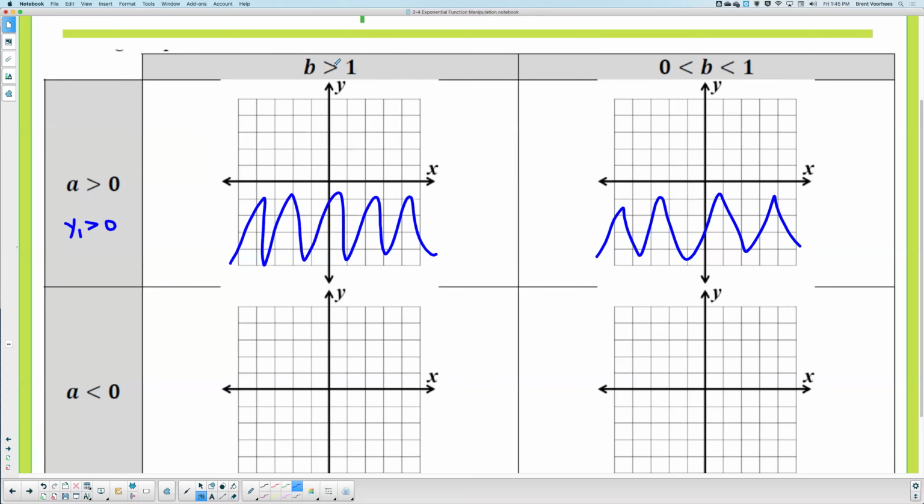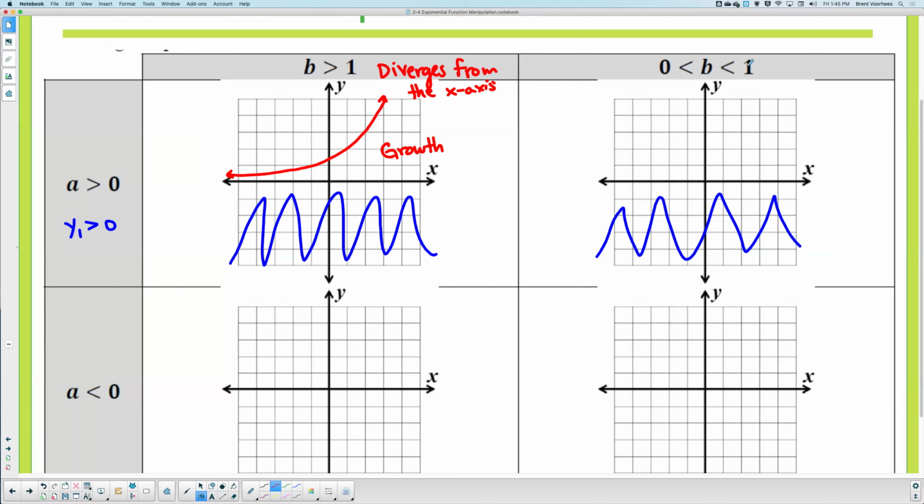If the base is greater than 1, the word is that the graph diverges away from the x-axis. So in this case, it would make it growth. This becomes growth because if your base is greater than 1, it diverges, that's the word, diverges from the x-axis. Diverge means it moves away from. It runs away from the x-axis.